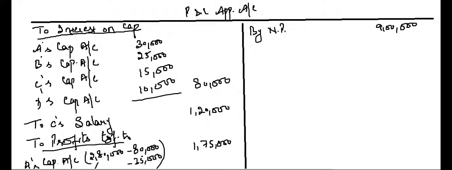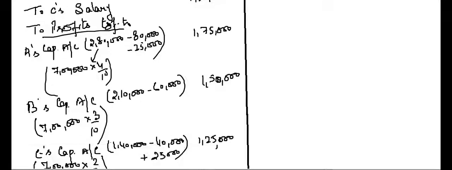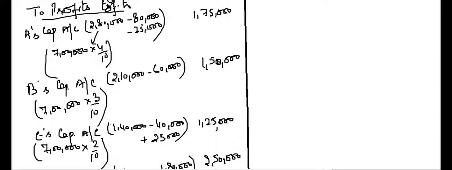So this is your P&L appropriation account. This is how the profits have been distributed. So you can always write here, you can write it in the next line and give reference to working note number 2. Working note number 1. This is working note number 2. Right? So you can always give reference like that.